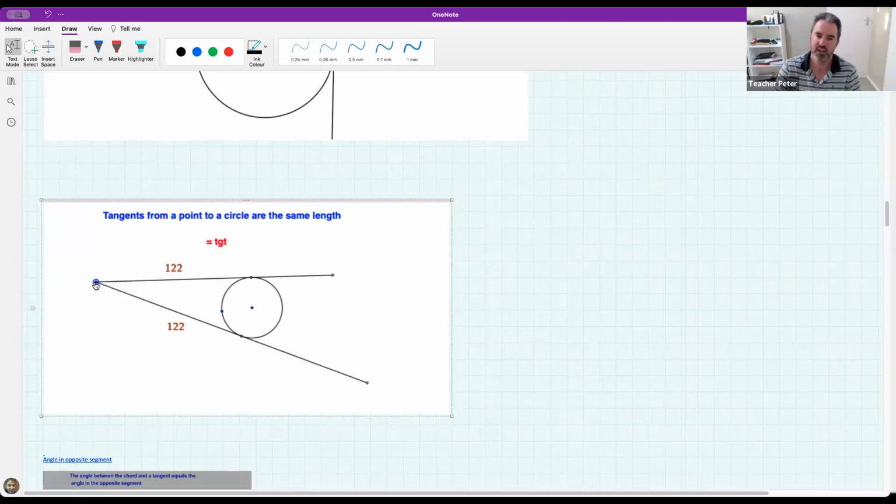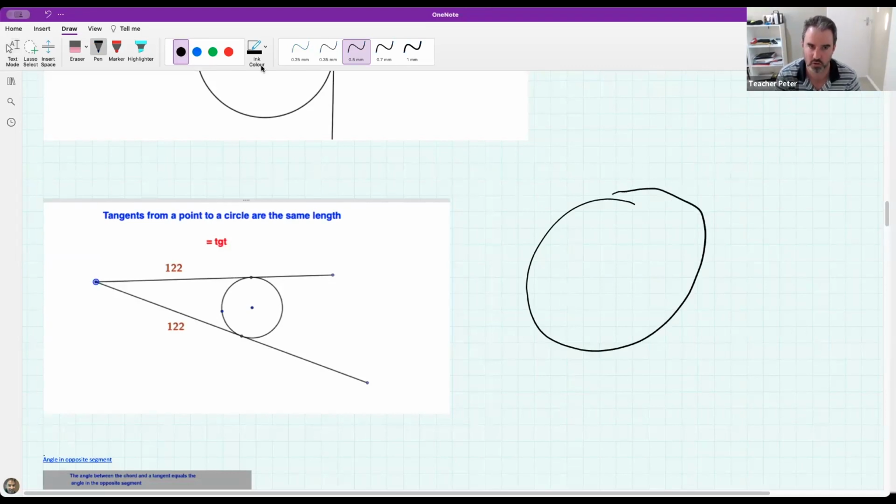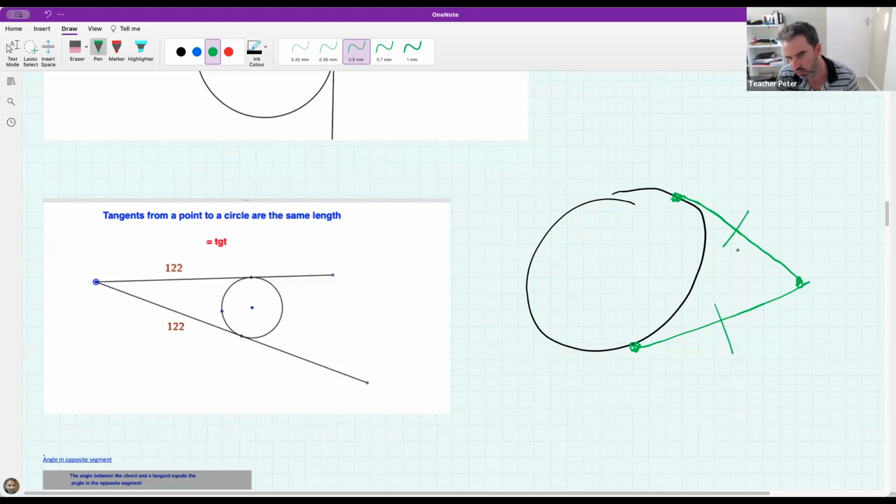If you have a circle and then you have tangents from a common point, you're going to get this effect. Remember, a tangent touches the circle in only one place. These two sides will always be equal, and they'll give you an isosceles triangle that can be helpful. This is called tangents from a common point.